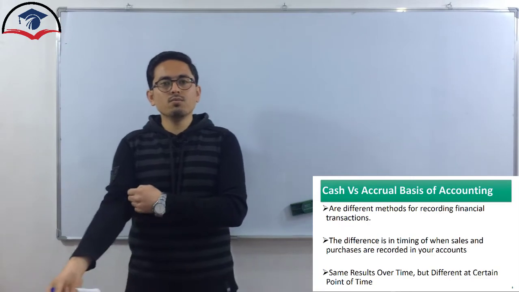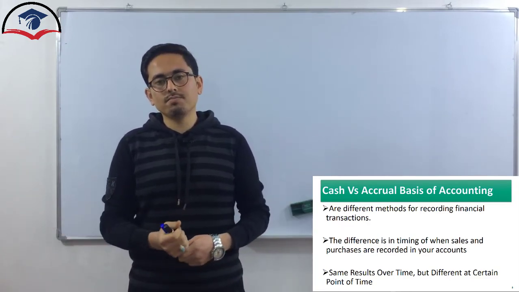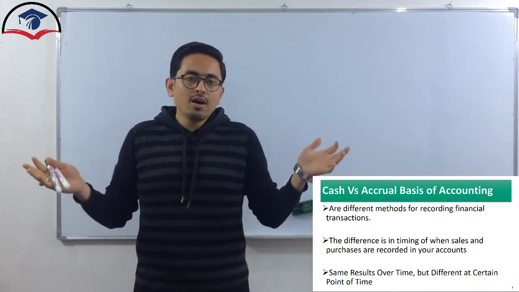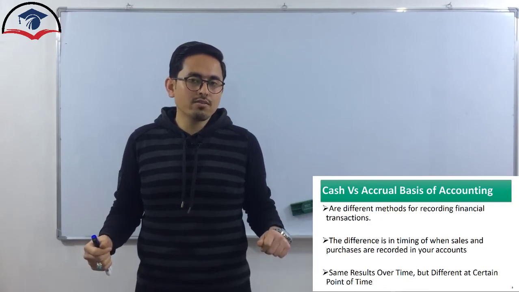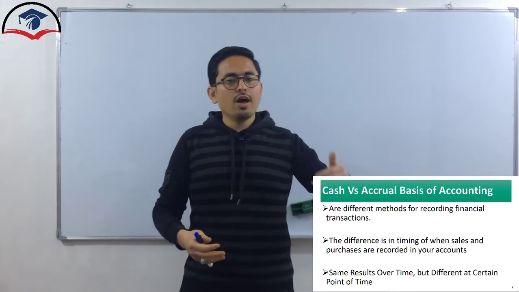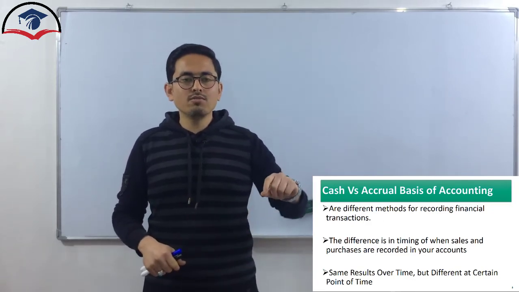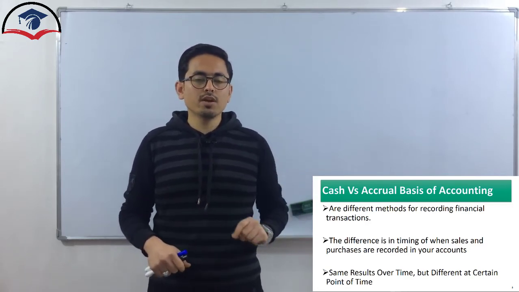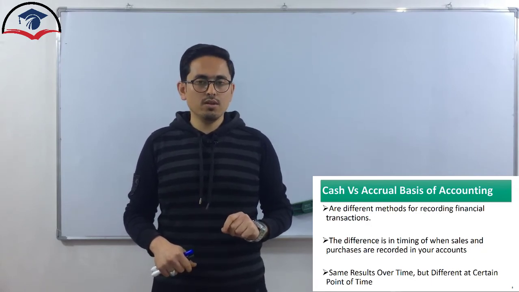Suppose a company has overall $100,000 during the period. It will show $100,000 revenue, whether or not it received all the cash at the same time. Another company with the same activity has income of $100,000, but it didn't receive $50,000 of it. It is an account receivable of the company at the year end, December 2020.